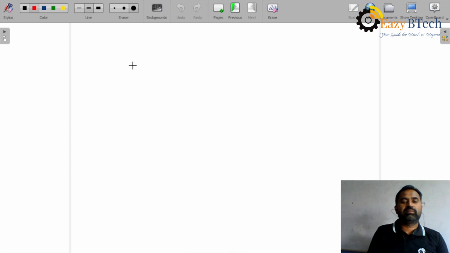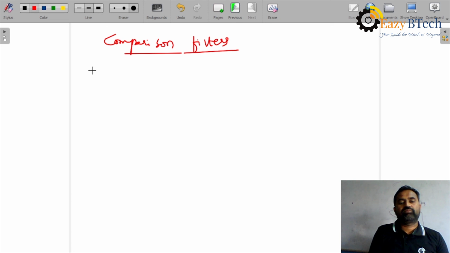So you will see the comparison. First, L filter, C filter, LC filter, that is L section filter, pi section filter.